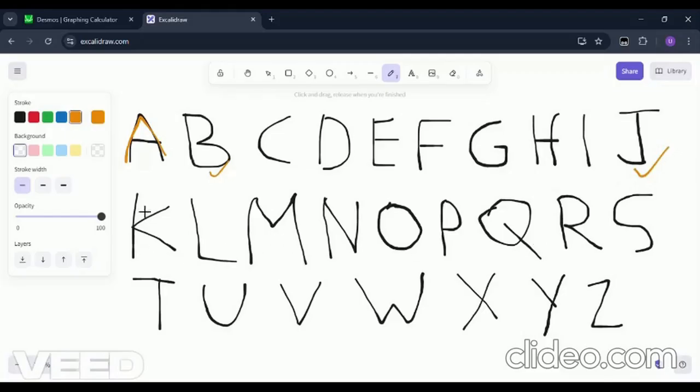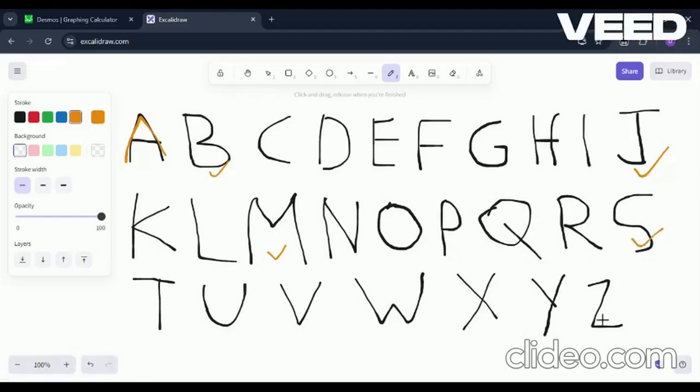K is much similar to a vertical line and this V-shaped mod X graph, sidewise mod X. L is easy, M you can try, N is much similar to M only, O is the easiest, I guess, just a circle. P is one vertical line and a semicircle. Q is similar to O only, just a circle and a straight line. R is much similar to P only.